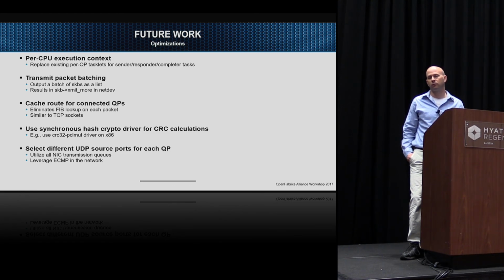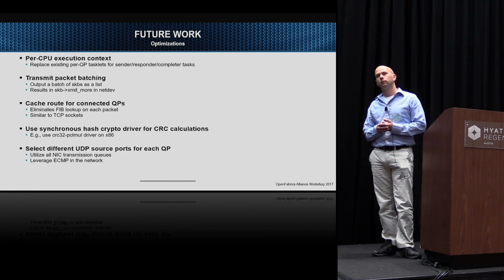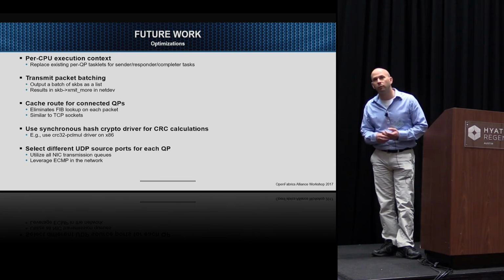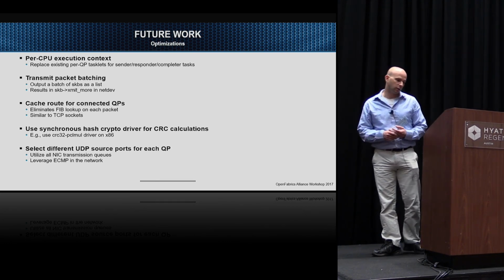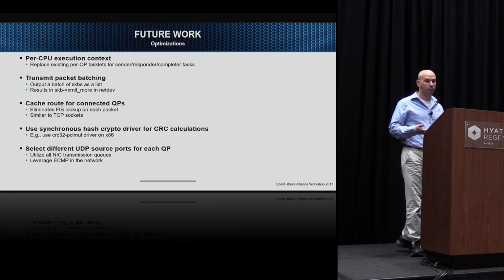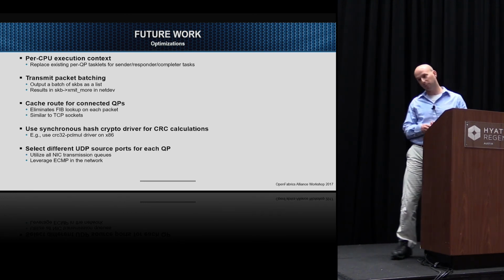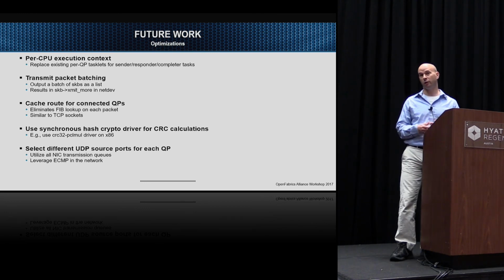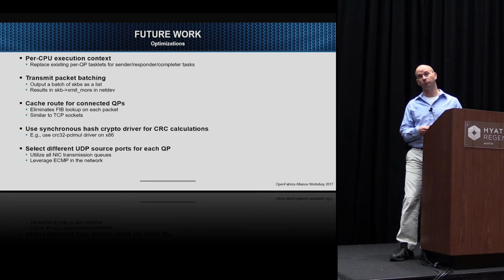One question, do you support PFC in it, like with multicores in the NIC driver or anything? Do we support PFC? Yeah. So the current implementation of SoftRoCE doesn't implement congestion control yet, so it requires a lossless network to operate well.